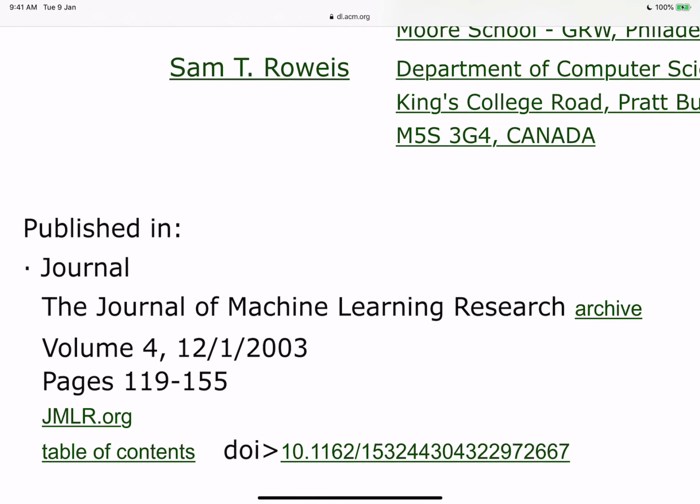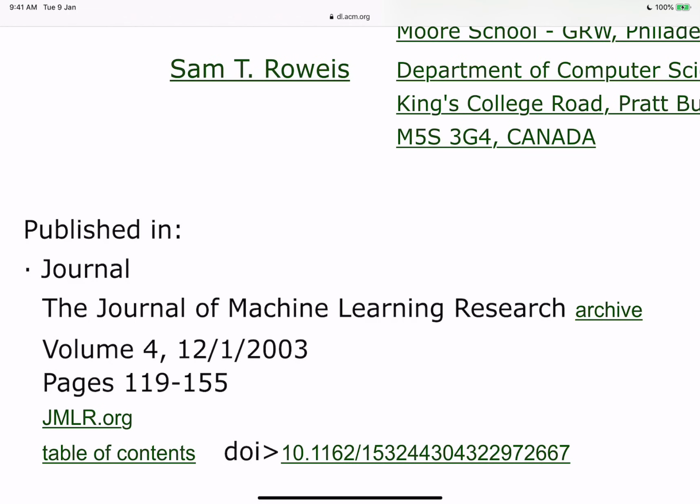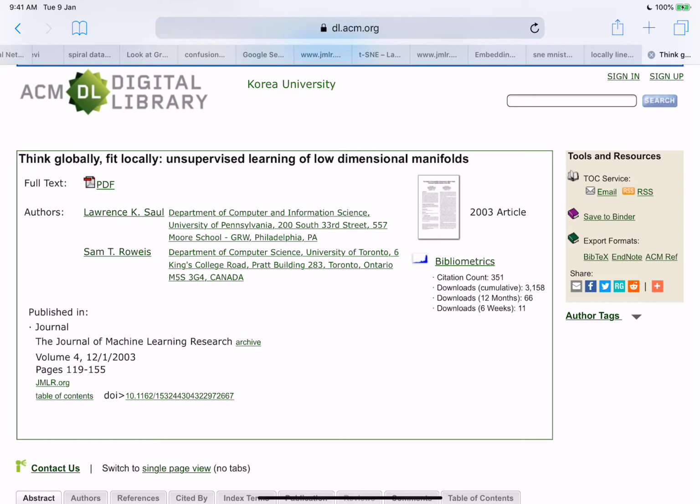So no, not NIPS, but I think it was published in ICML, and as you might know, ICML papers are all published in the Journal of Machine Learning Research, JMLR. It's called a journal binding between the conference and the journal. For a particular conference, all the accepted papers are published in its sister journal.